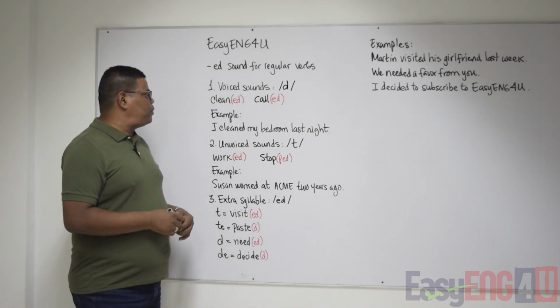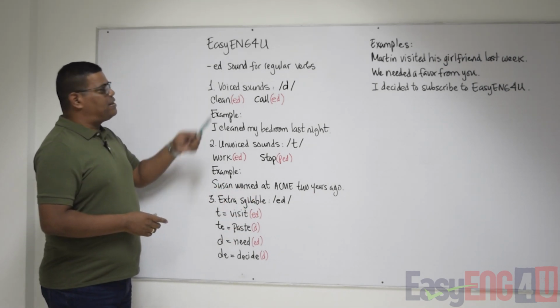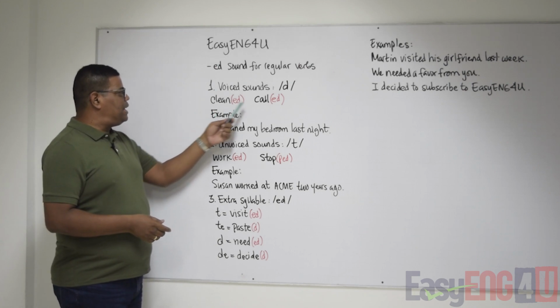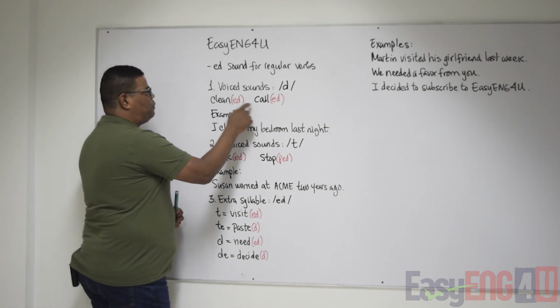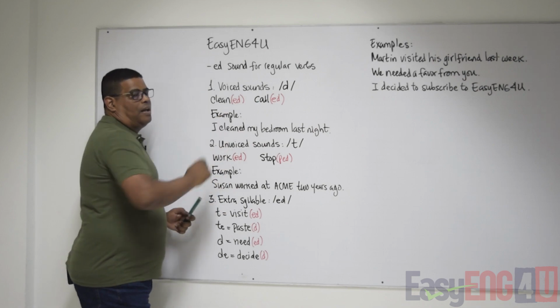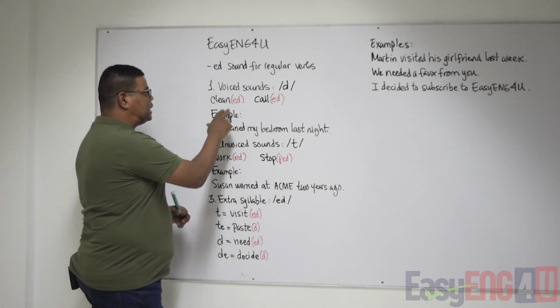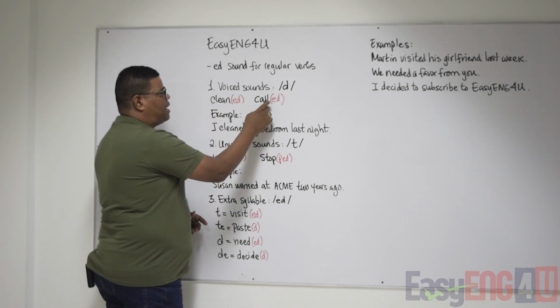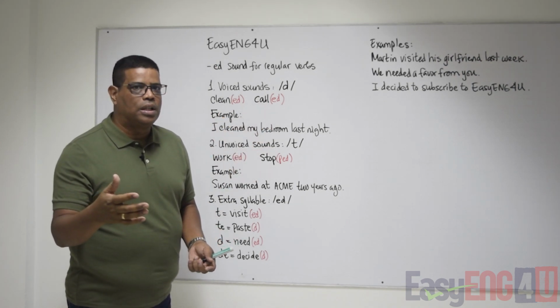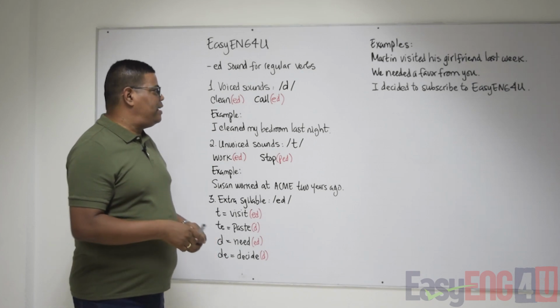Let's take a look at the samples that I have right here. For the voiced sounds, I have the verbs clean and call. Both will be voiced. Remember, they vibrate at the end. If I say clean, it vibrates, and the same happens for the L sound, call, it vibrates.